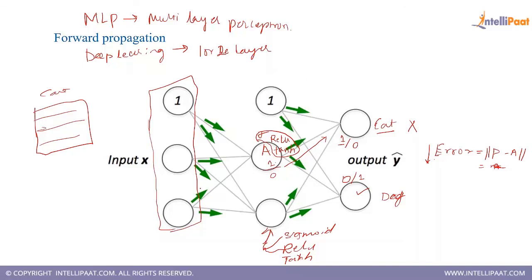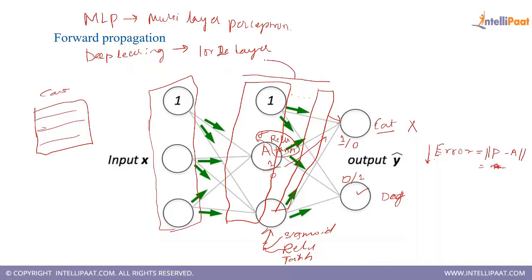This is a simple neural net, which consists of only one hidden layer. If you have n number of hidden layers and then you have your output, then this architecture will be called deep learning.